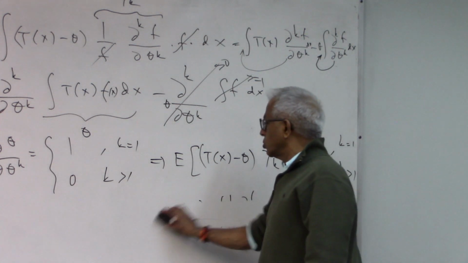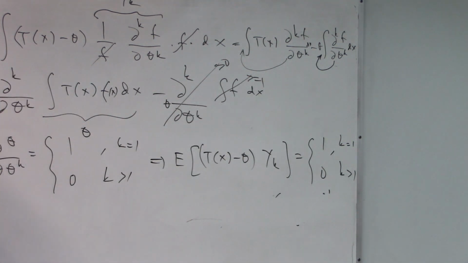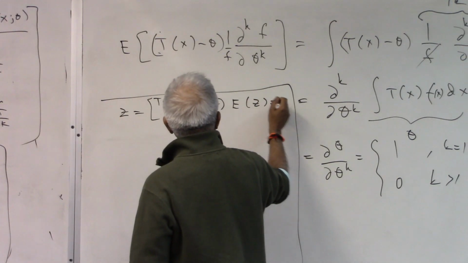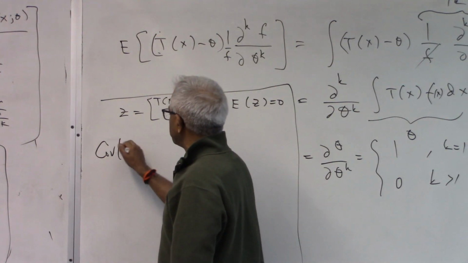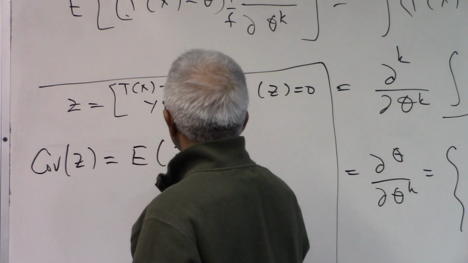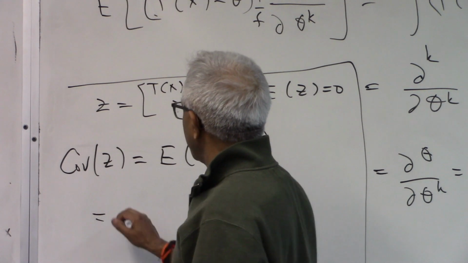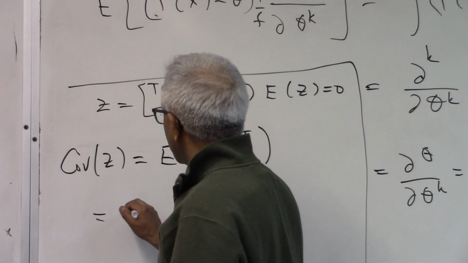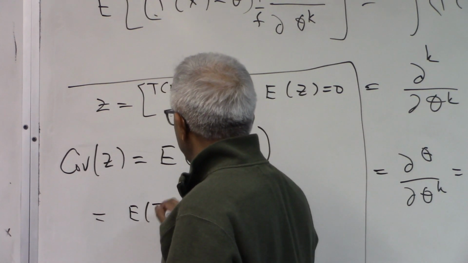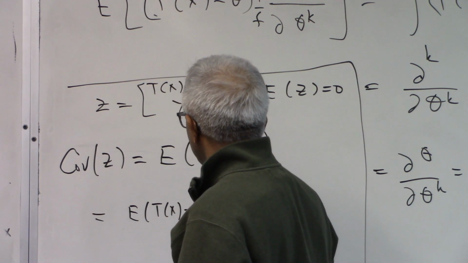Okay. So the covariance matrix of z, since the mean is 0, expected value of z is 0, is just the expected value of z z transpose. So the first entry is the expected value of Tx minus theta squared.